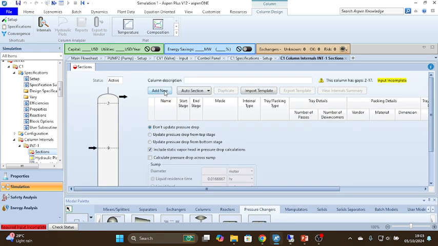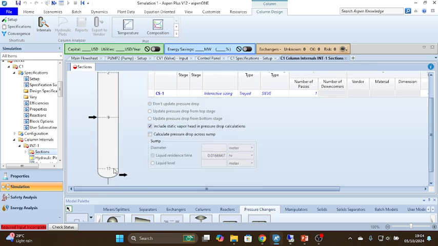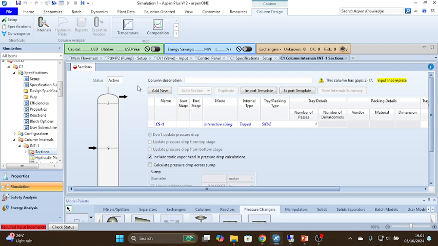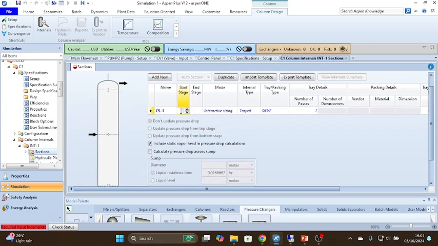Okay, so over here we are going to add new. A new section name has come as CS1. The starting is going to be from the second stage to the 17th stage, since our first stage is our reflux drum, and our last stage is the reboiler. So we are going to start at second, and end at 17.